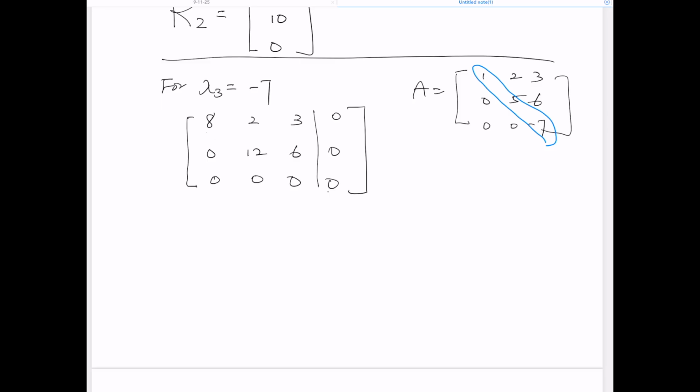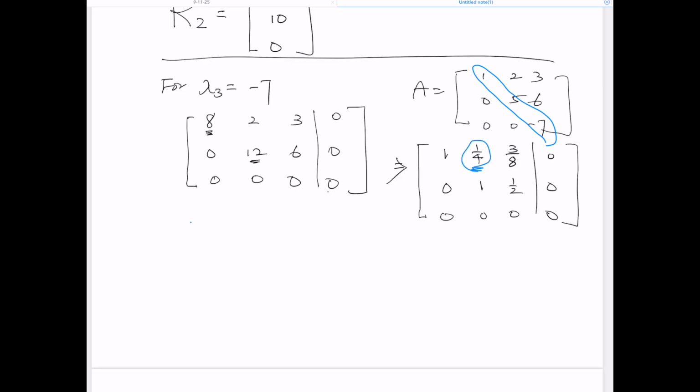So we want to make this 1. We have a 1, 1 over 4, 3 over 8, and 0. And we want to make this 1, 0, 1, 1 over 2, 0. And then we need to make this guy 0.